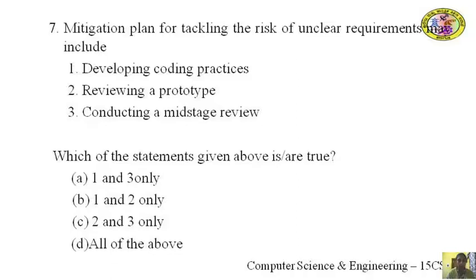Which of the statements given above is or are true? Option A, 1 and 3 only. Option B, 1 and 2 only. Option C, 2 and 3 only. Option D, all of the above. What is the correct answer for this question?